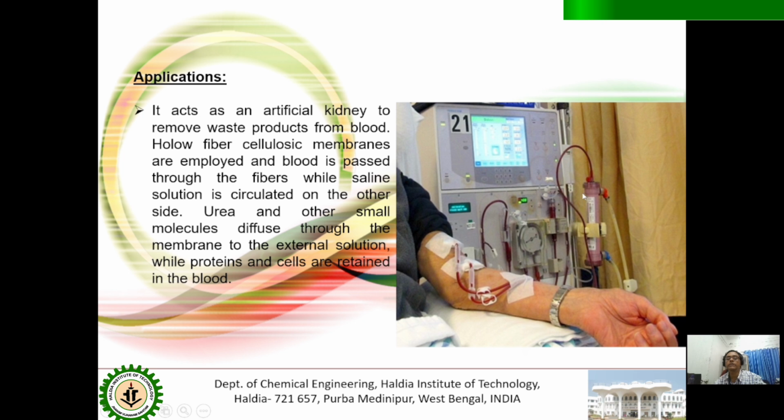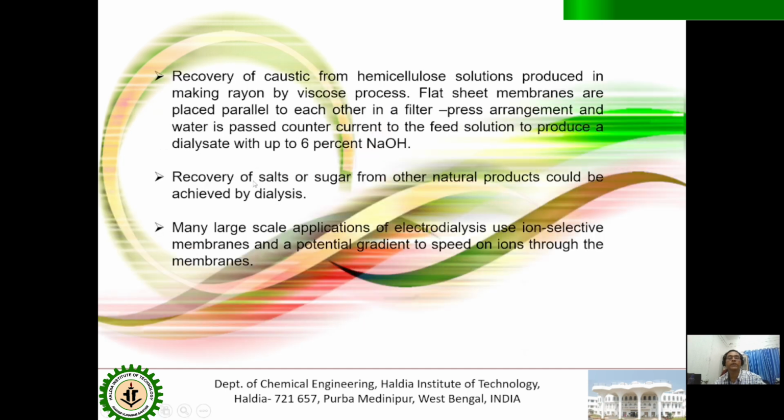In the schematic diagram, it is showing that modern instruments are available for dialysis purposes. We'll discuss the details of the dialysis process later on. Now, the recovery of caustic from hemicellulose solution produced in making rayon in the viscose process.